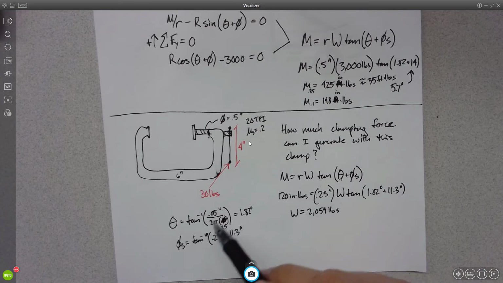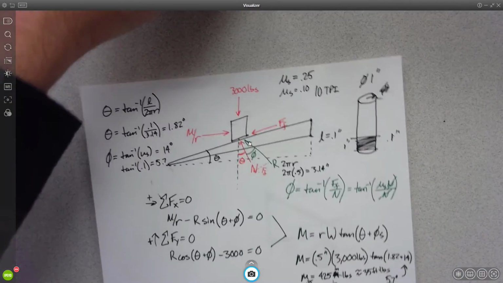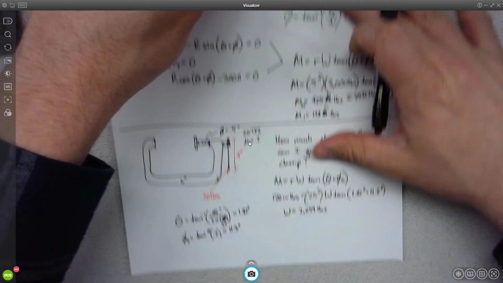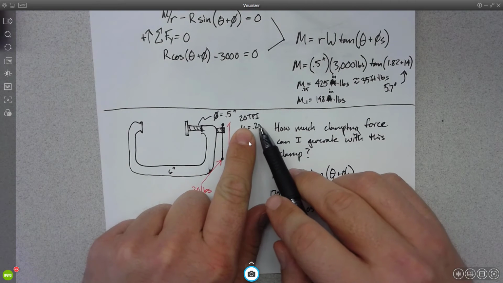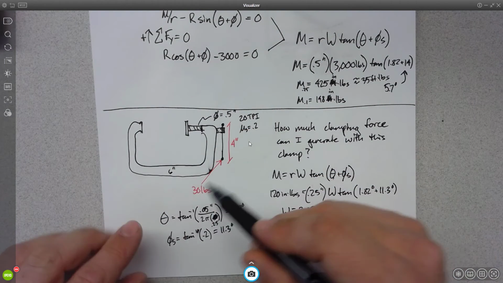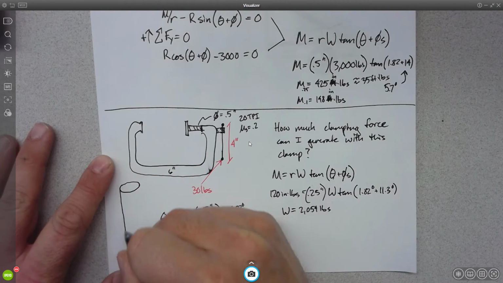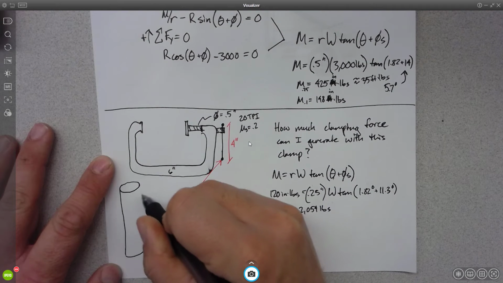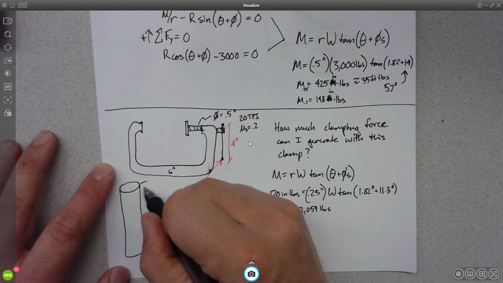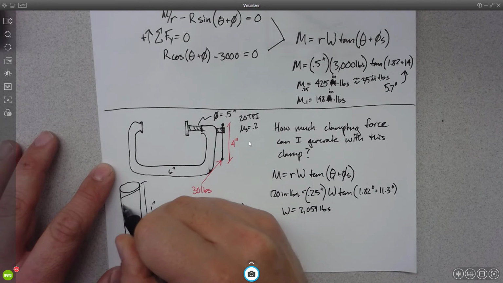How did I get L? And by L, do you mean the height of the wedge? So the way I got that is that I'm told that it's 20 threads per inch. What that is telling me is that if I look at my screw, in 1 inch, let's say this is a 1 inch section of screw, there's going to be 20 threads.